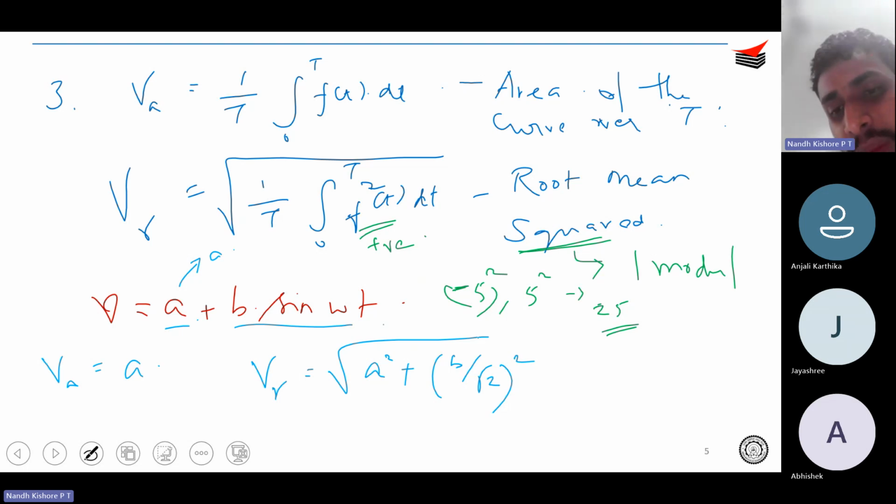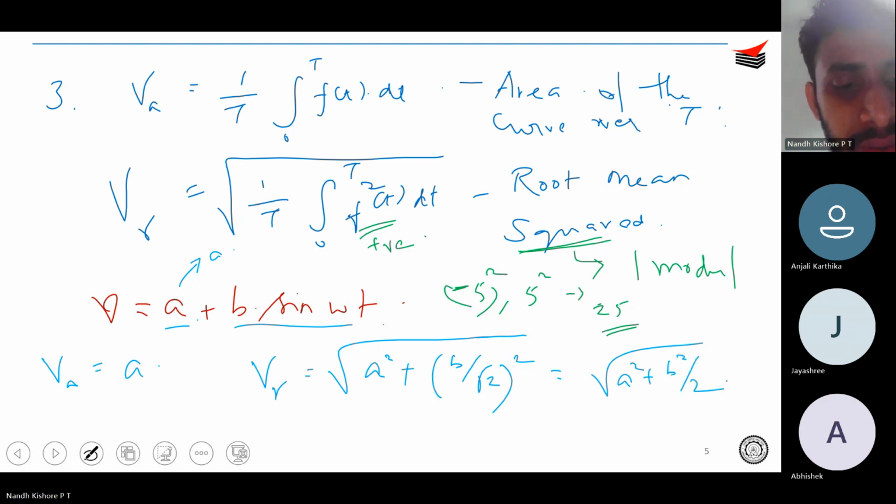Therefore, the total RMS is going to be root over a square plus b by root 2 the whole square, or a square plus b square by 2. Correct? Okay. So v is equal to a plus b sine omega t. Average value is going to be just the DC component, because anyway the sine terms are going to cancel out for average. And what about the RMS? RMS, individually you take the RMS, correct? So individually you just take the RMS and then square it up. So root over a square plus b by root 2 the whole square. Okay.